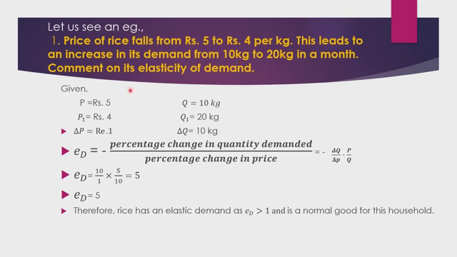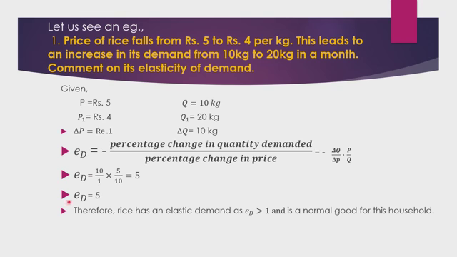We also have to comment on the elasticity of demand. The process is the same. With the use of the percentage method, we can calculate the elasticity of demand. Remember, I've told you that though elasticity of demand is negative, we write it as positive because it already indicates a negative relationship.